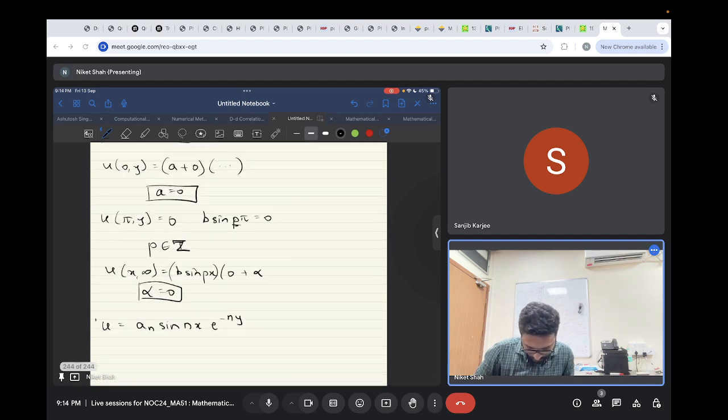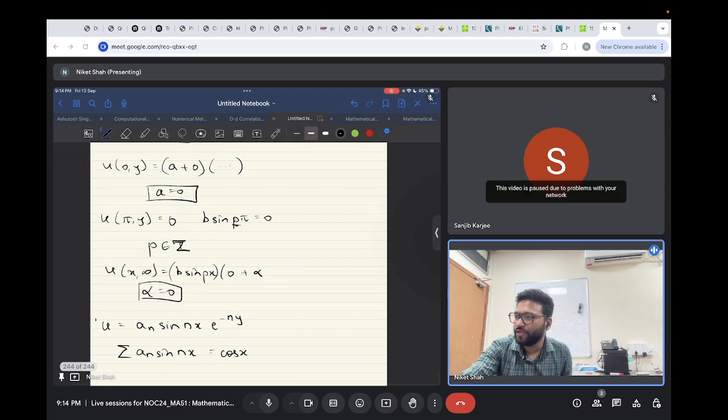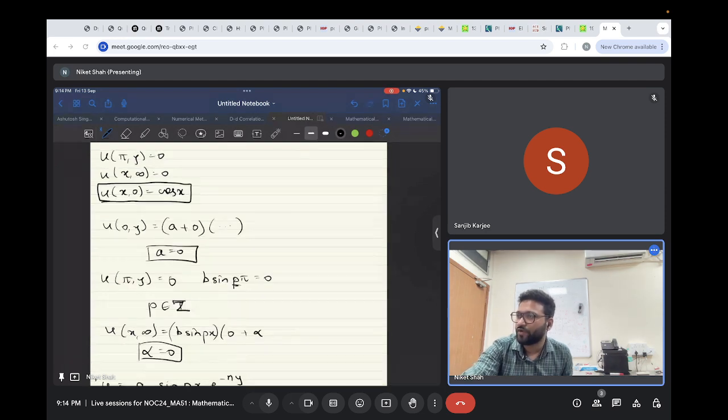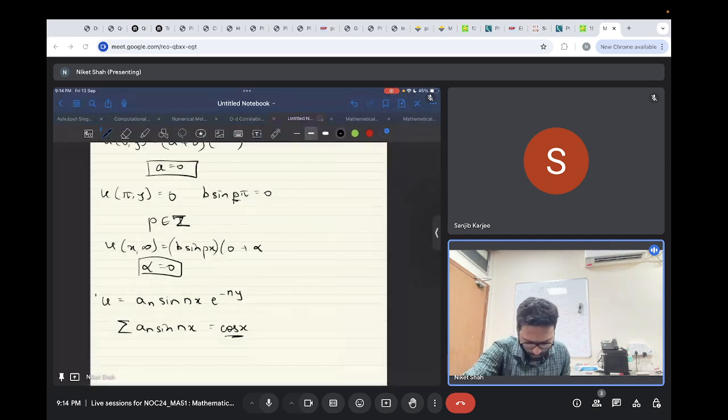So basically the sum over a_n sine nx has to be equal to cos x. A Fourier sine series giving you a cos. This is what you will solve for. Here you can simply find the coefficients corresponding to this function cos x and you proceed similarly.